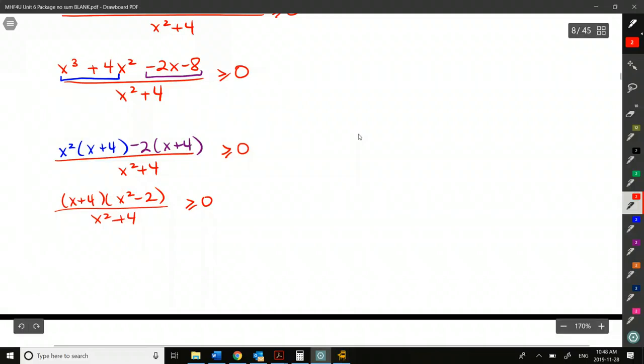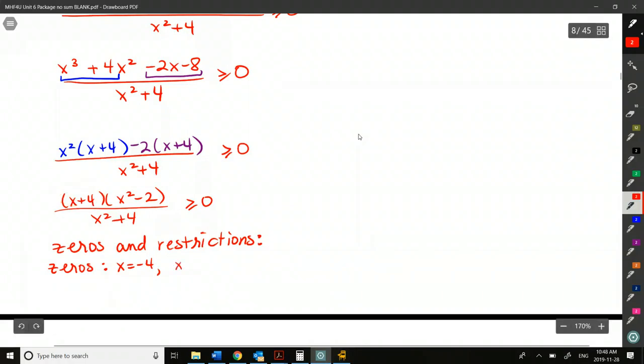So here, when we talk about zeros and restrictions, as far as zeros go, I can have x equals negative 4. That comes from this bracket on top.